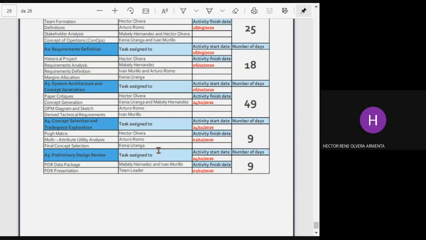Perhaps in the last part of the activities, not all the team is there, but this is because some of us were working at a different time, due to the geographic position of us.